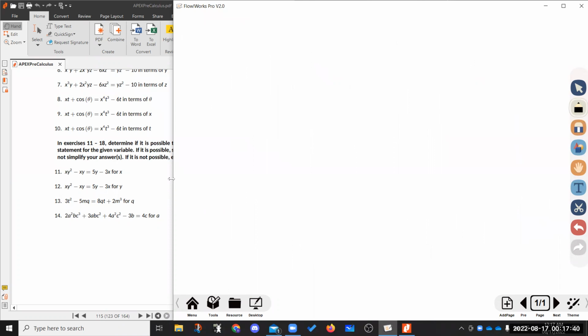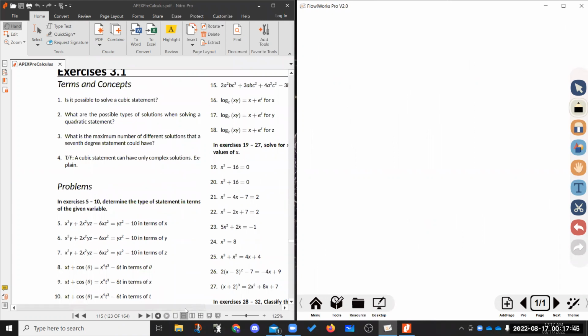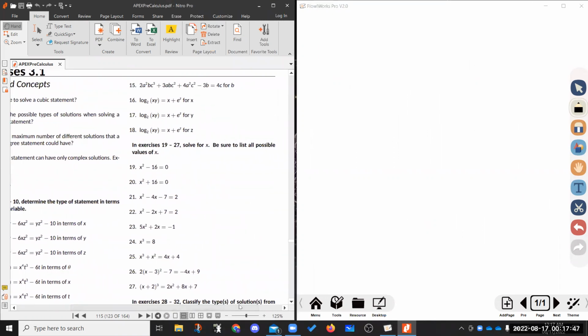All right, let's shrink this, go back up here to number 15. So far, we haven't seen one that we haven't been able to do. So 2a squared bc cubed plus 3abc squared plus 4a squared c squared minus 3b equals 4c, and we want to solve for b. So we're going to get all of our b's together.